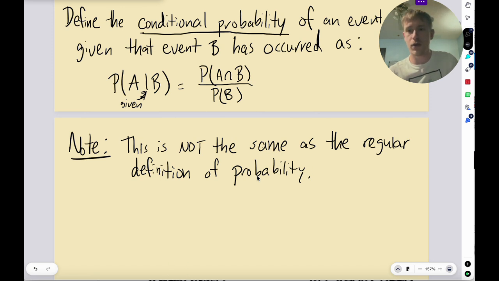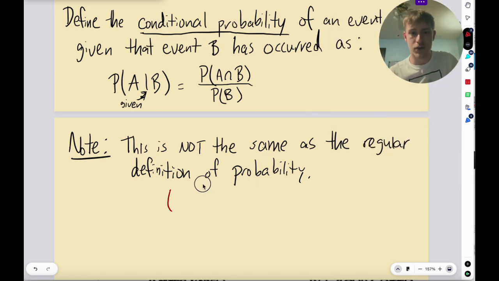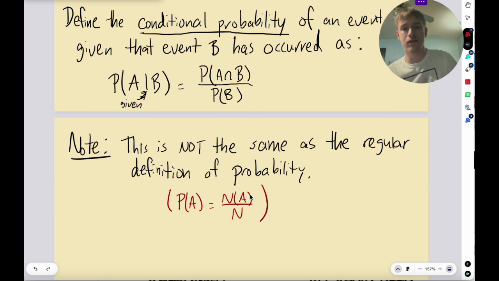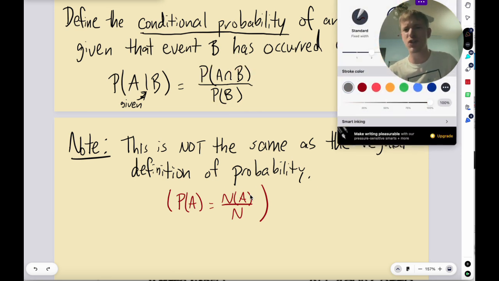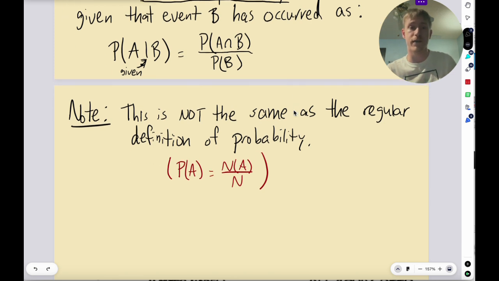Well, recall that the usual definition of probability, if we have an event A, so the probability of an event A occurring is the number of ways that A can happen divided by the total number of outcomes. This is not the same thing as that. So we have to treat this differently from regular probability, but as it turns out, defining it this way, it's going to have a lot of symmetric properties with the usual definition of probability.